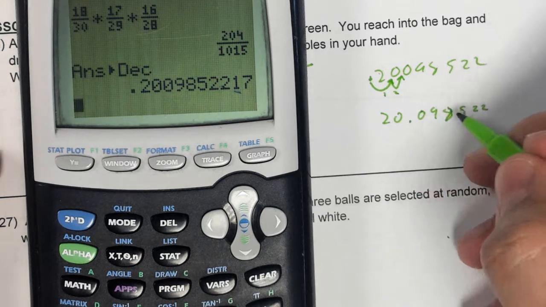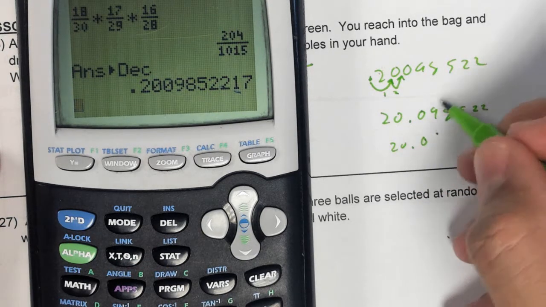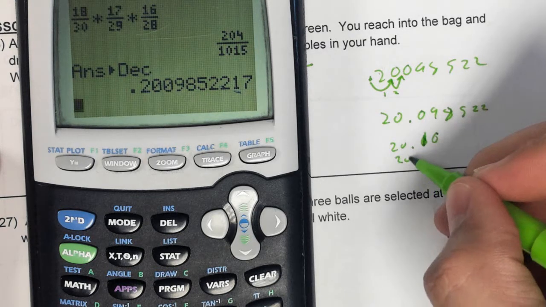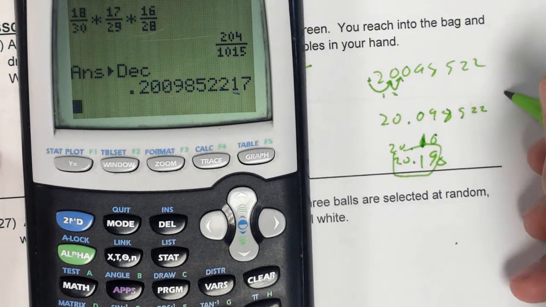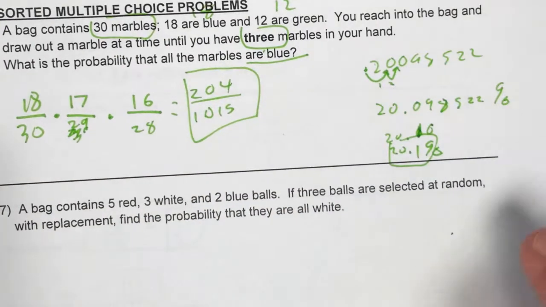If I want 2 decimal places, well, that 8 would make that go up to 10, so that would be 20.1%. That's about what that is. 200 out of 1,000, 20%.